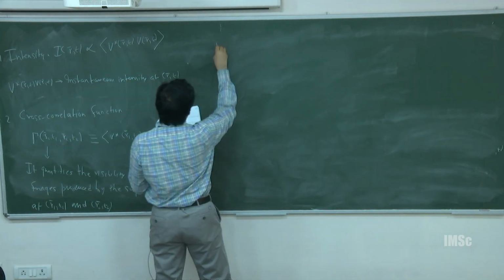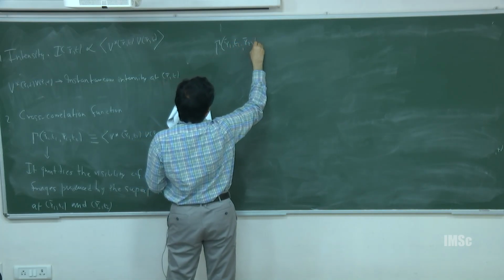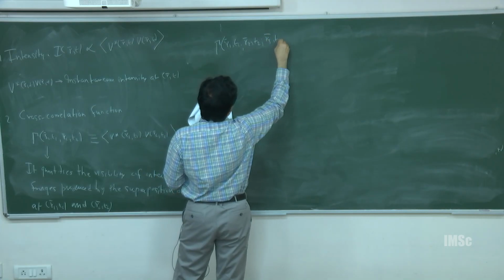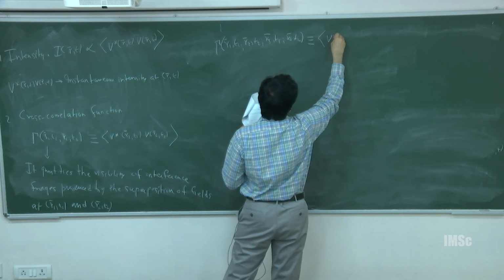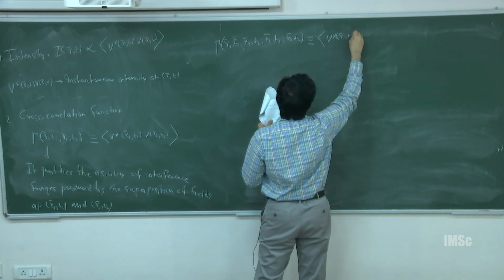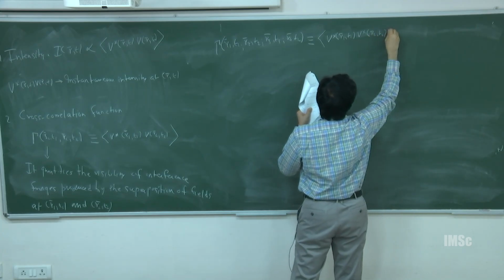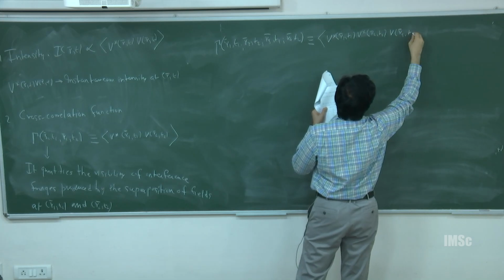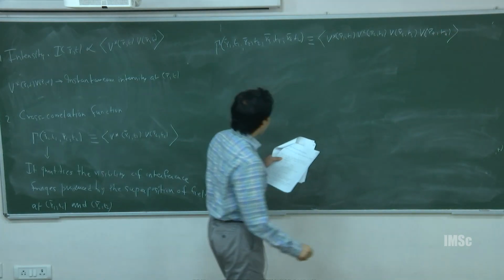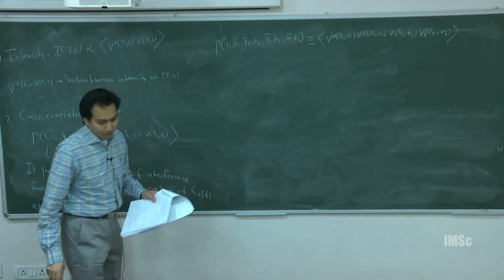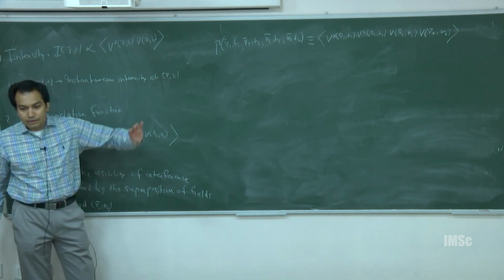But if you want, one can formally define a 4-point correlation function, which we won't be using in classical coherence theory.